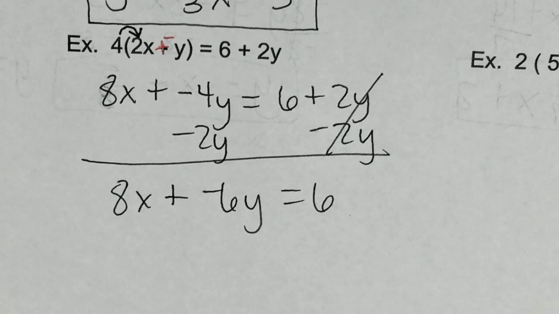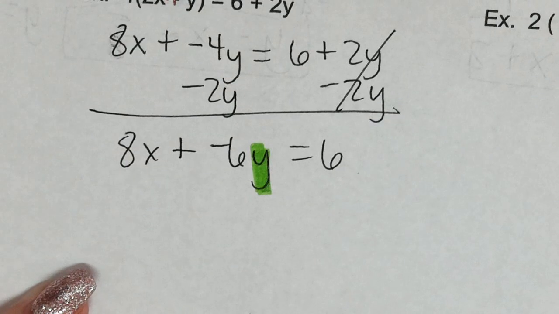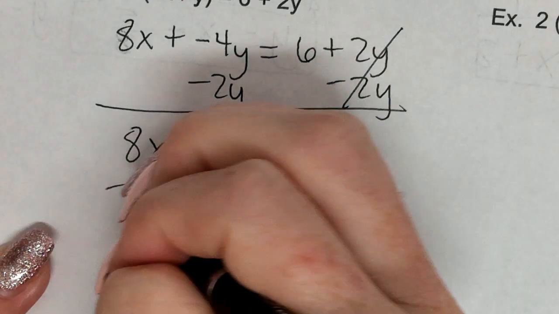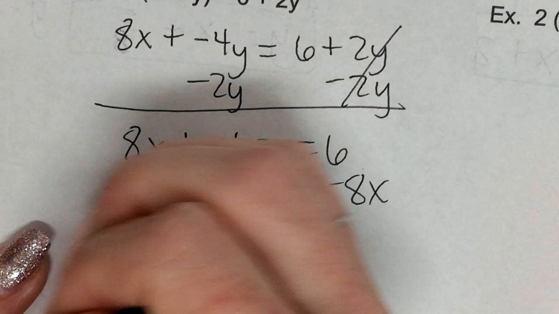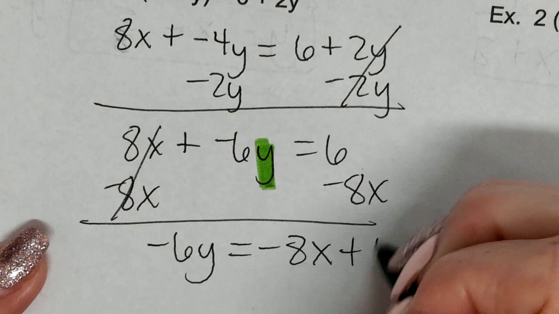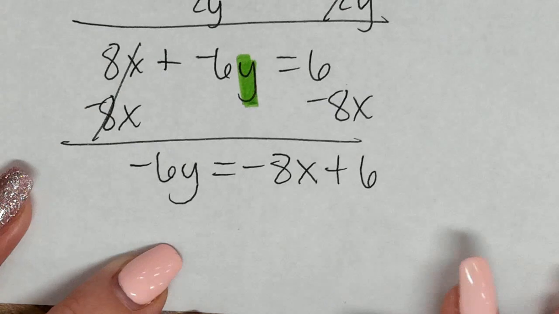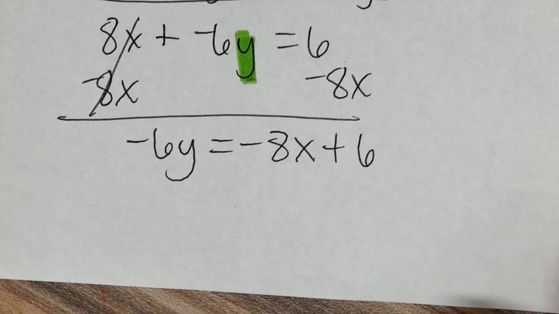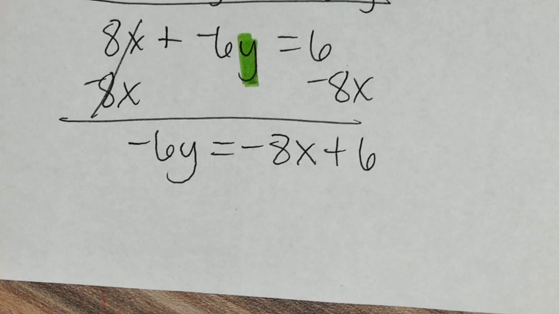Now I can go get the y by itself by getting rid of the 8x. How would I get rid of the 8x? Minus 8x. So I have negative 6y equals negative 8x plus 6. And how am I going to get rid of the coefficient negative 6?